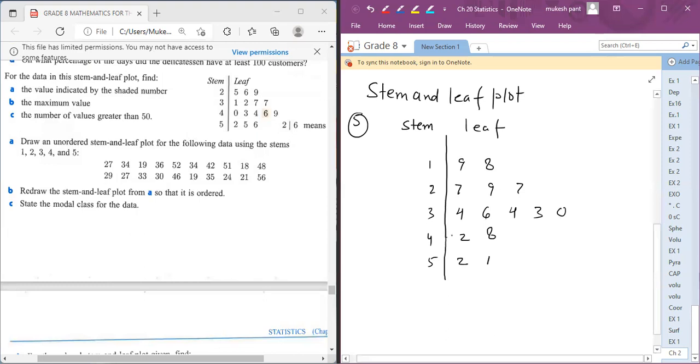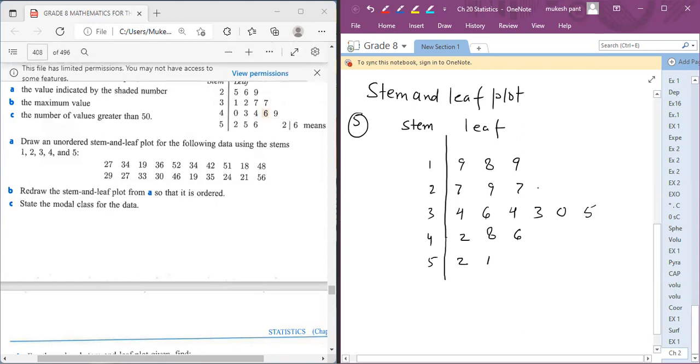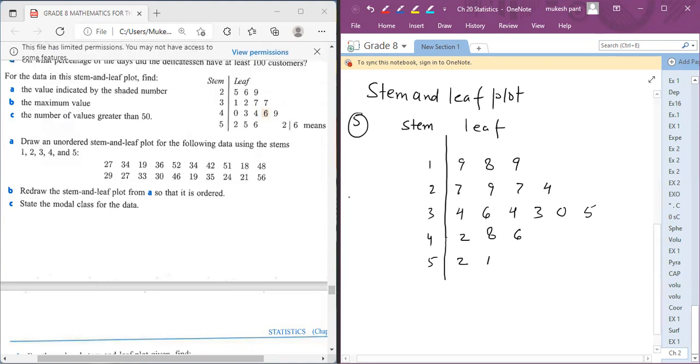And 46, 4 and 6 here. 19, 1 and 9 here. Then 35, 3 and 5. 24, 2 and 4 here. And 21, 2 and 1 here. 56 here. So this is unordered. This is the unordered stem and leaf.